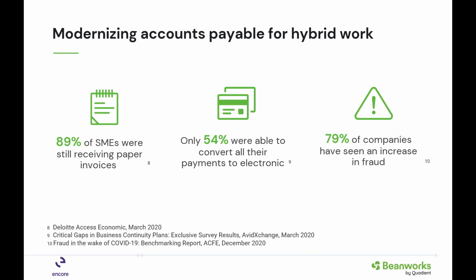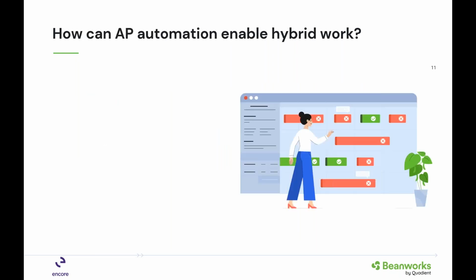In fact, 79% of companies have seen an increase in fraud activity at work since the beginning of the pandemic. If your processes aren't set up for remote work, moving to a hybrid model is easily a challenge for an organization going in that direction.